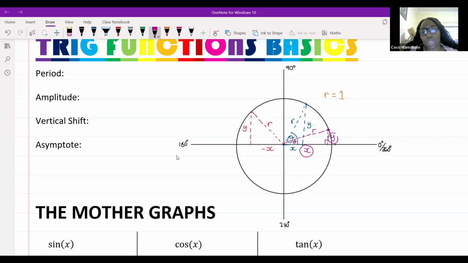The thing that's going to change is my x and my y values and my theta. My angle is going to either be smaller or bigger. Sometimes it's even an obtuse angle. There's my theta for that one, right? But my radii for each of these x and y values put together is always going to be 1.